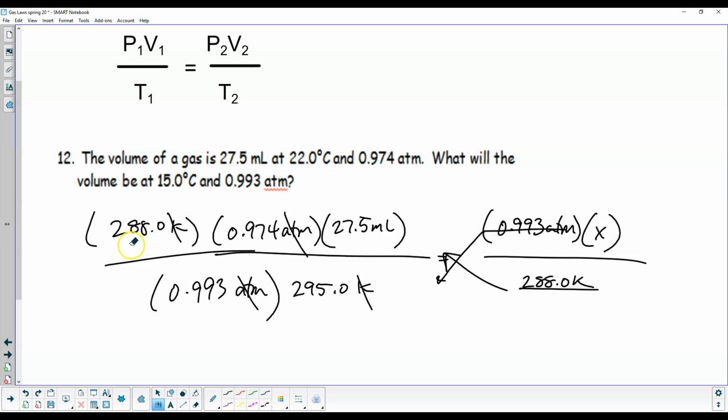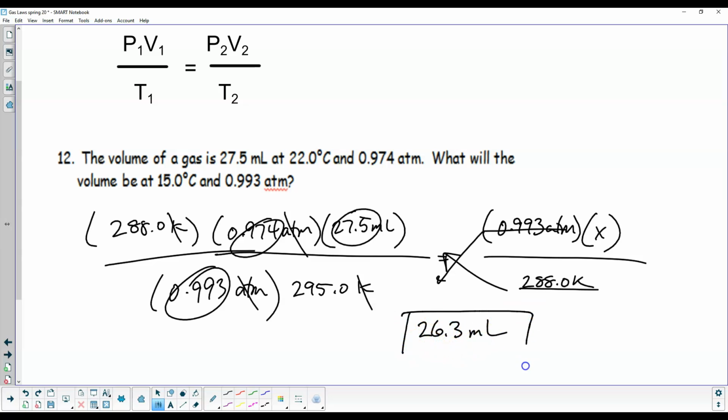So all I have to do is 288 times 0.974 times 27.5 divided by 0.993 divided by 295. We're going to have 3 sig figs because there's 3 here, and there's 3 here, and there's 3 here. Those both have 4, so we're limited to 3. Your answer rounded should be 26.3 milliliters is the final volume.